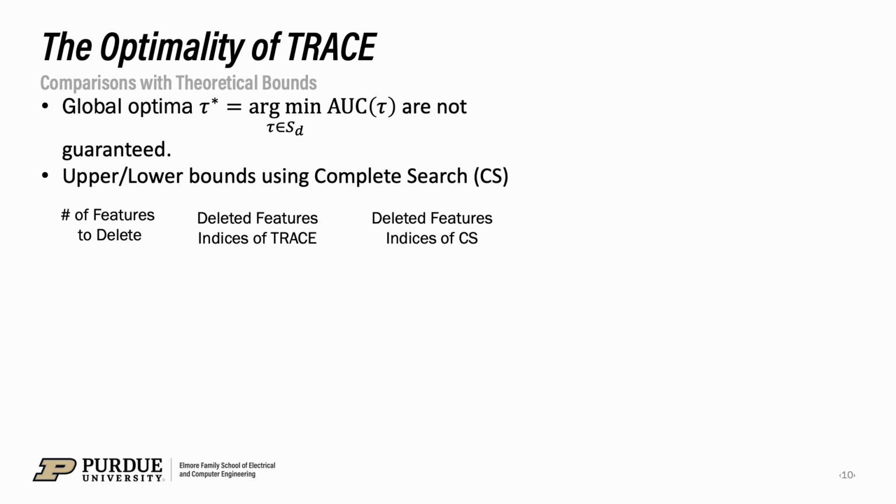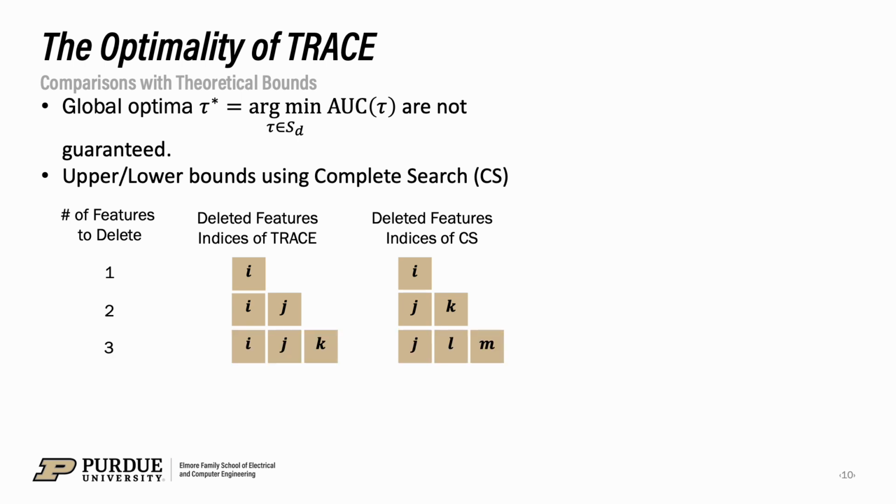When K features are deleted, complete search finds the optimal subset of features of cardinality K that minimizes the prediction. Then the summation over all sizes K from 1 to D forms a lower bound of MORF AUC. Note that this lower bound is in general infeasible because the deleted features in each step can differ from each other and do not form a trajectory.